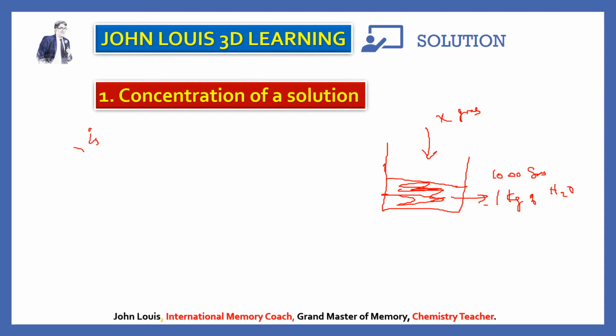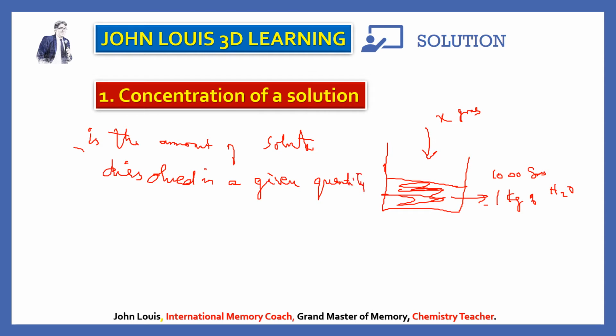We can define concentration of solution as the amount of the solute dissolved in a given quantity of that solution, not solvent, of that solution. Solvent and solute put together is called solution. Is it clear?